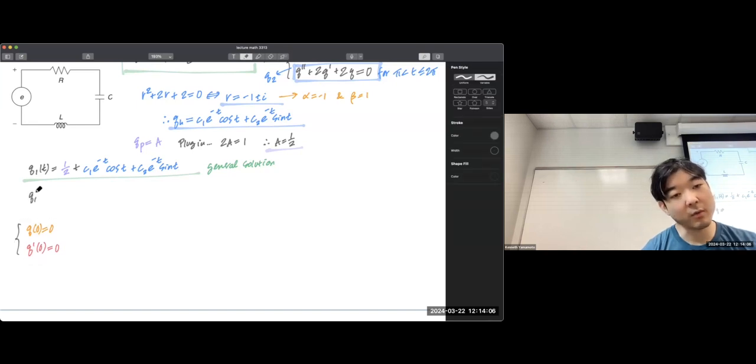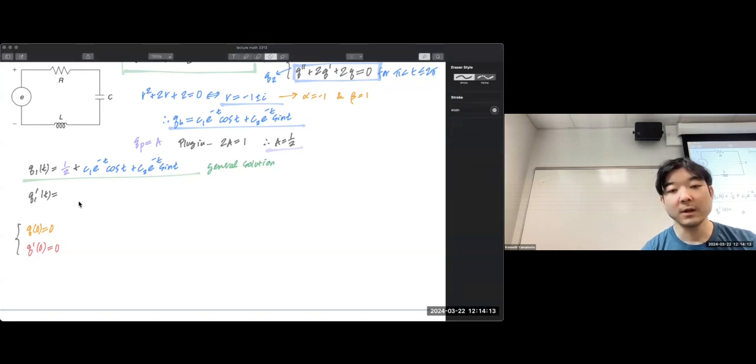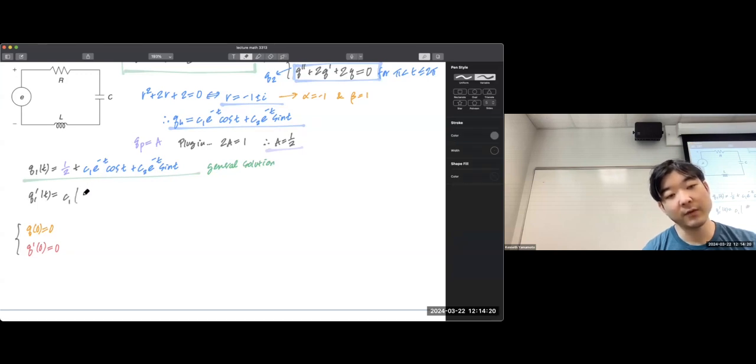So Q1 prime, the half goes away. Oh, actually, I have to do the product rule. I'll pull the C1 out because this needs a product rule. The derivative of the first is negative e to the negative t, cosine of t.